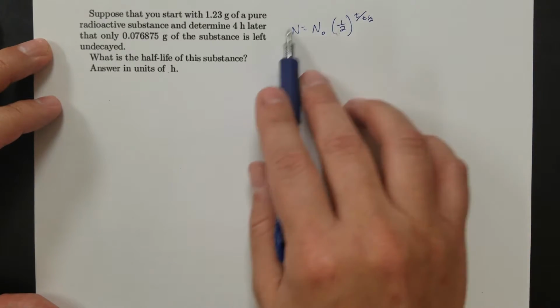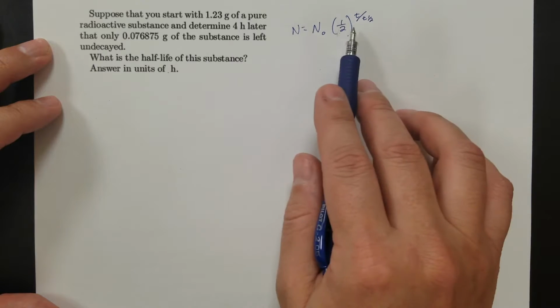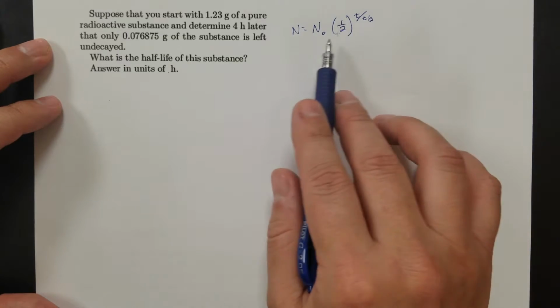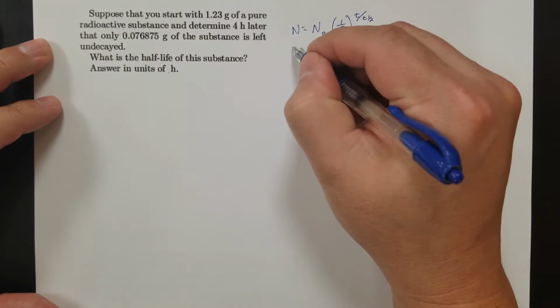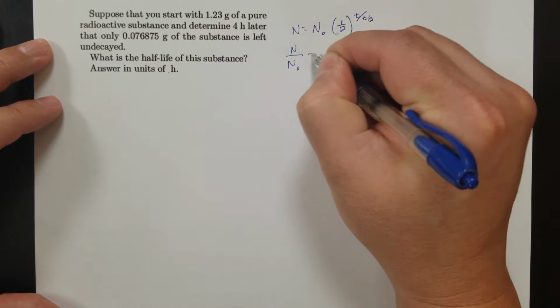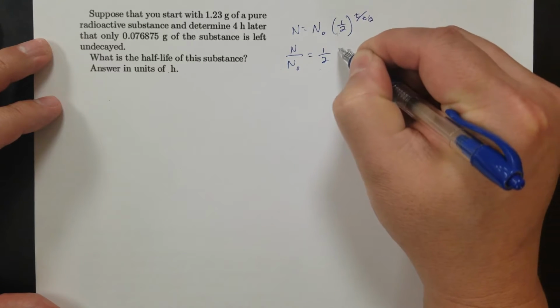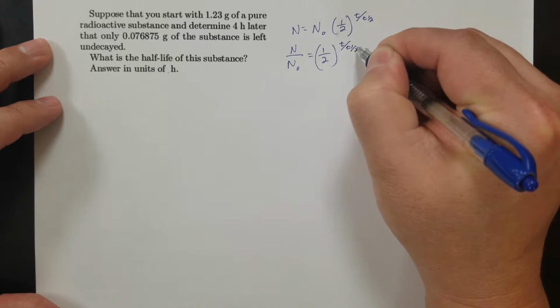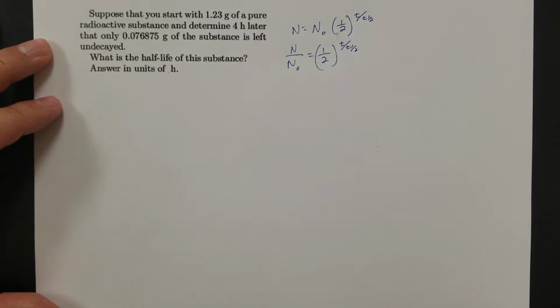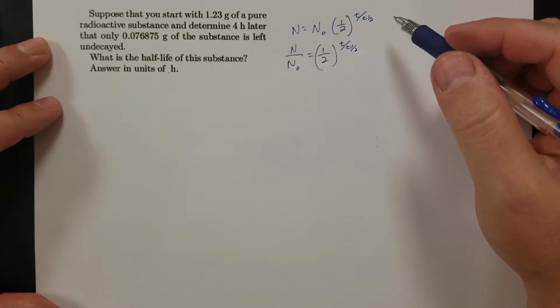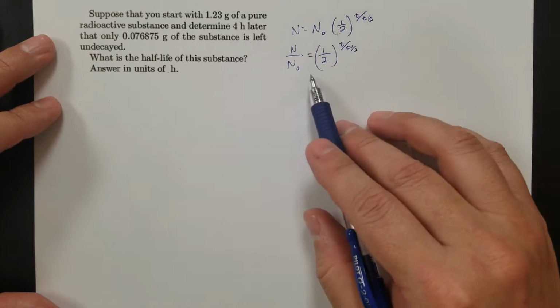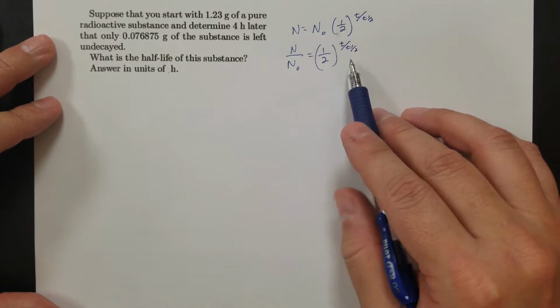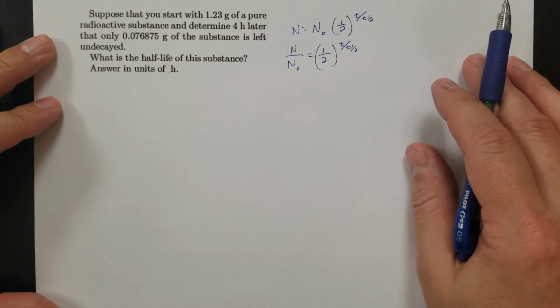But I can solve this equation for half-life. So I can divide over the N naught. So N over N naught equals one half to the power of T over T half, right? Okay, so now I can take the log of both sides, and that'll bring down this exponent, right?